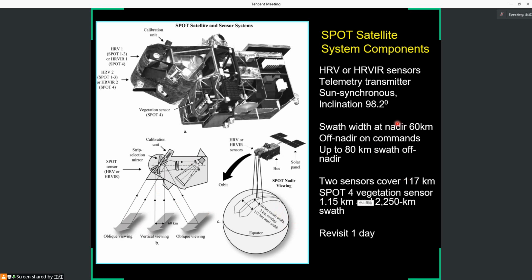And the SPOT swath width is 60 kilometers, and two sensors cover 117 kilometers, not 120, because the boundary is partially covered, so the total width is only 117.